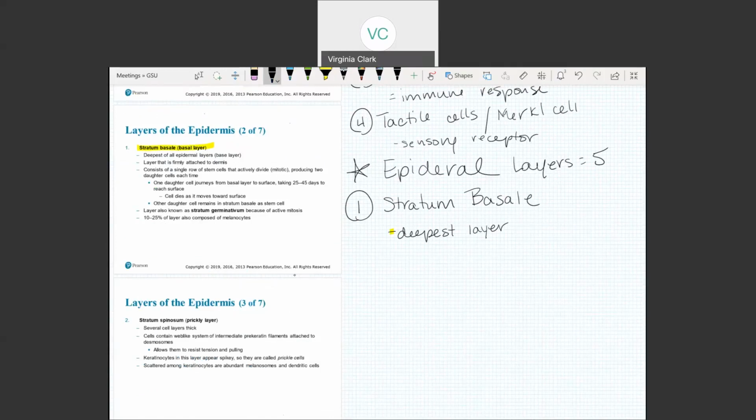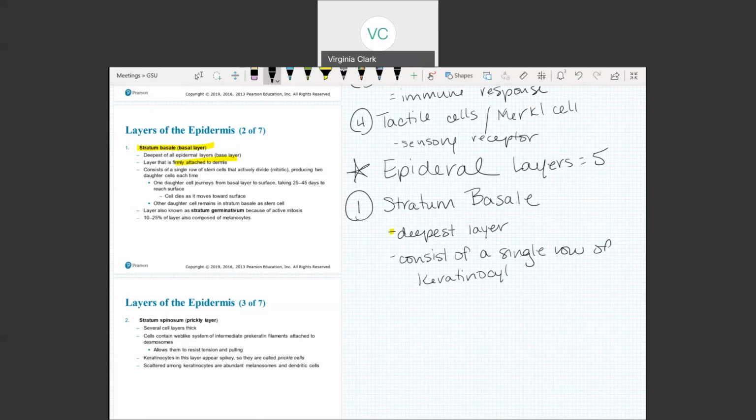It is so deep that it is attached to the dermis on the bottom. This consists of one single row of cells, specifically keratinocytes.